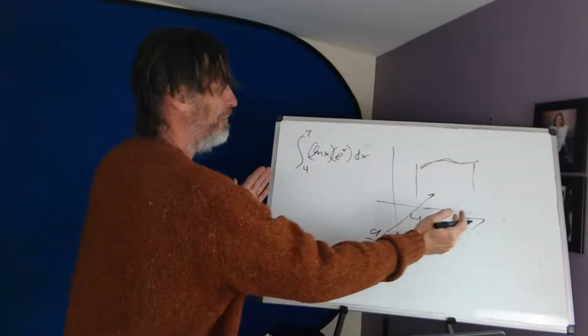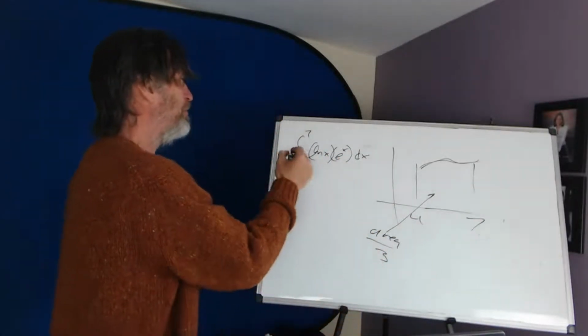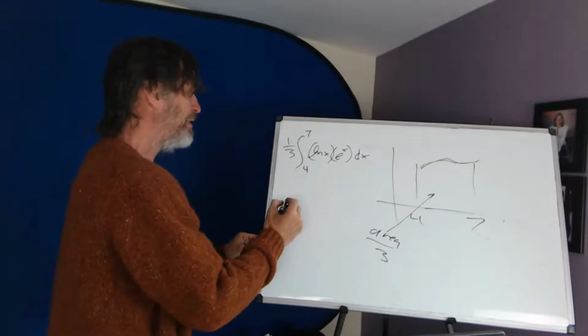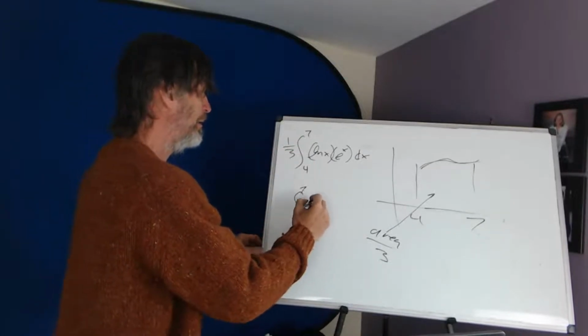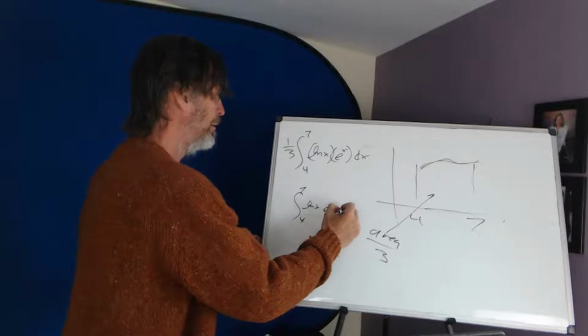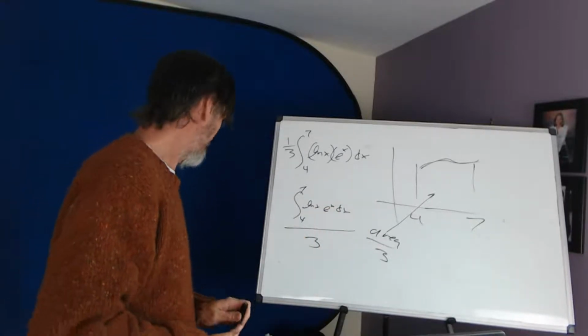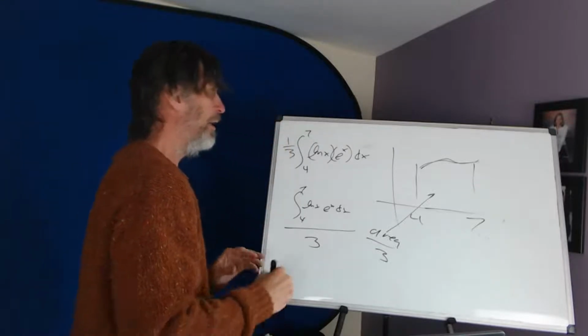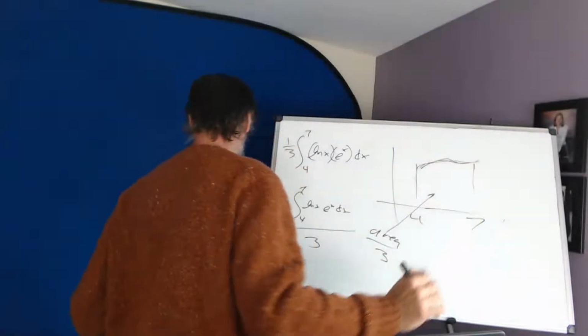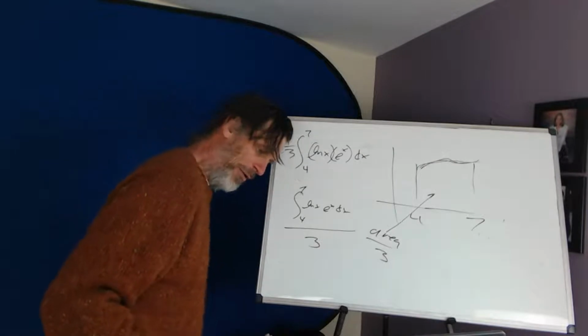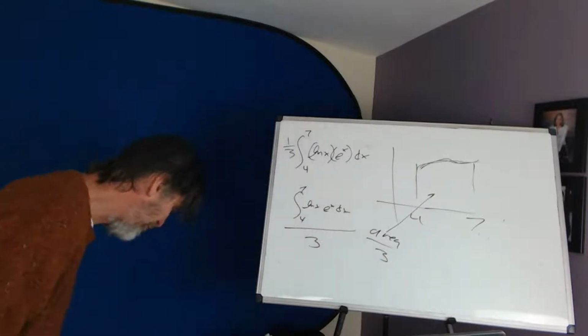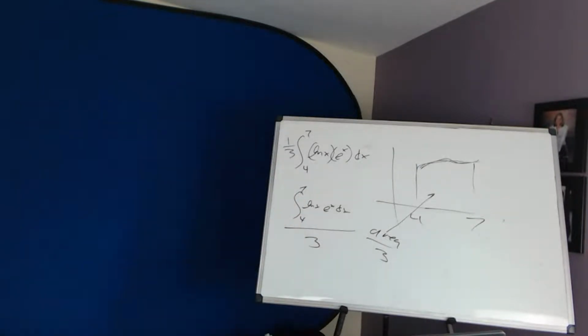If I want to diminish that by a factor of 3, I could either write it this way, or write it that way. So what that would do is take whatever sort of curve I have here and replace it with a straight horizontal line.